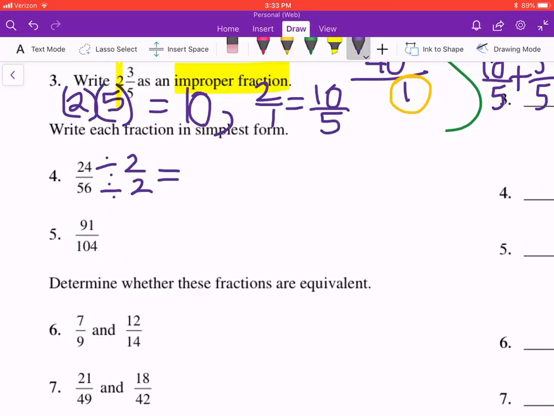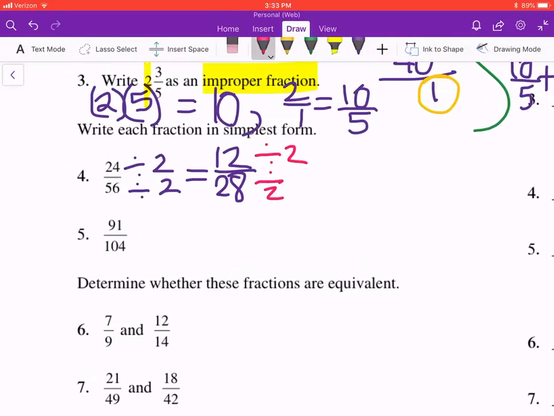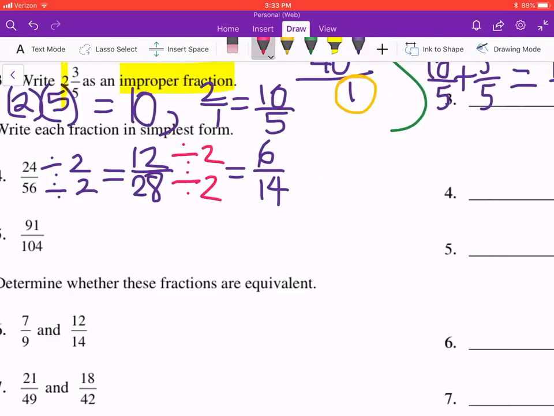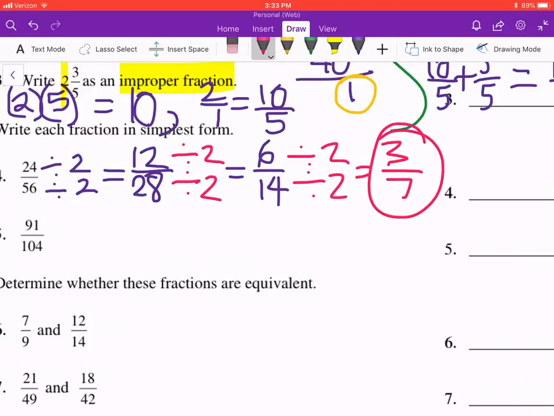If we do that, we're going to get 12 divided by 28. Now we know these two are also divisible by 2. If we divide that, we would get 6 divided by 14. And then once again, these two numbers are divisible by 2 because they're even numbers, and so we will get 3 divided by 7. That will be the simplest form for that number.